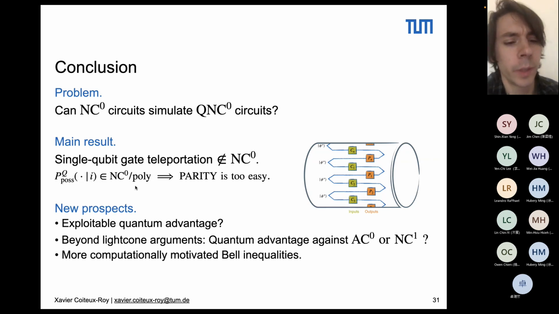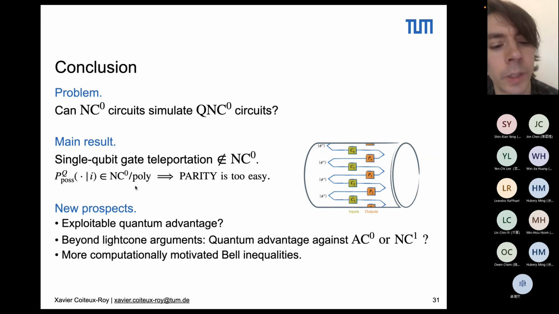So what new prospects does this open? The first one, which I've already mentioned, is: can we use this to build some exploitable quantum advantage for less artificial computing tasks? And can we have stronger separation? For this, we will mainly need to go beyond light-cone arguments. And then maybe we can hope to have AC0 or NC1, so an unconditional separation, using similar arguments.